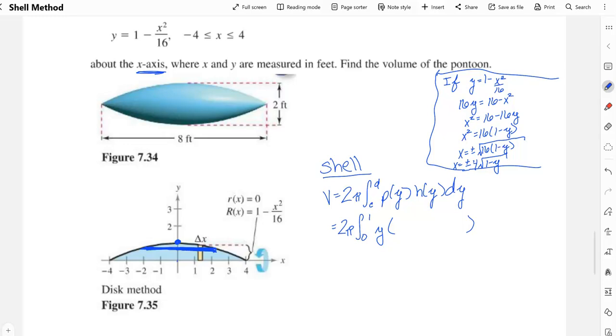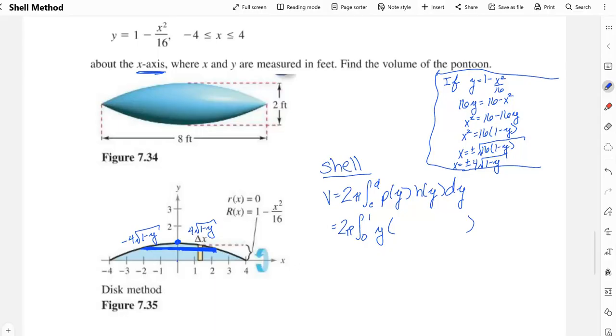What that means is this positive piece on the right hand side in quadrant 1 is represented by 4 square root 1 minus y. This piece over here is represented by the negative of that because those are the negative x values. If I want this side and this side to be accounted for, I could think about symmetry here, or I could think about area under the curve going back to Calc 1.